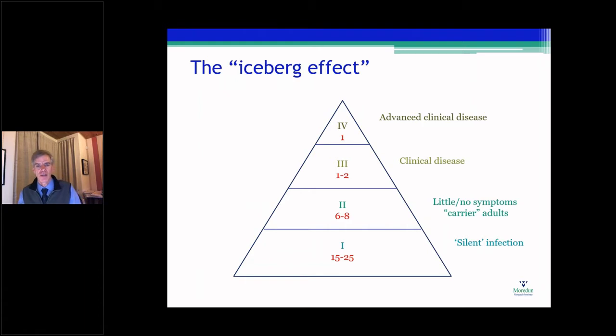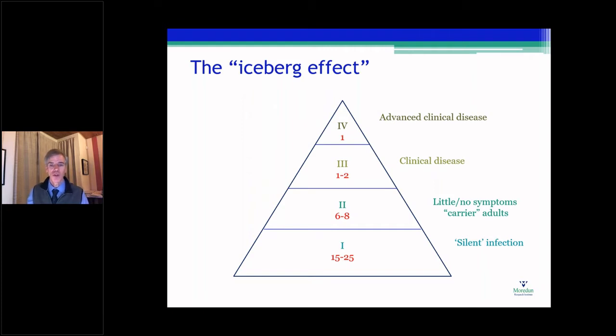So just to let you have a little look at a visual here of this triangle. This is just to try and show you a little bit about why we think Johne's disease is an iceberg disease. If you look at the top of the triangle, advanced clinical disease, where you're actually seeing symptoms of Johne's disease, that wasting away of the body, and also occasionally they'll get diarrhea as well.